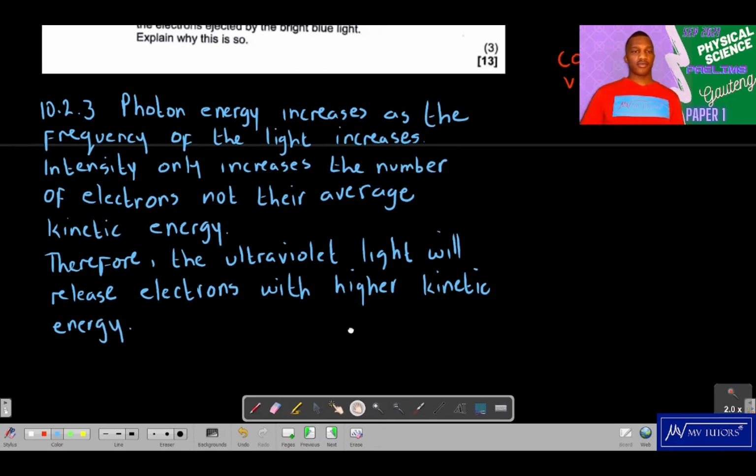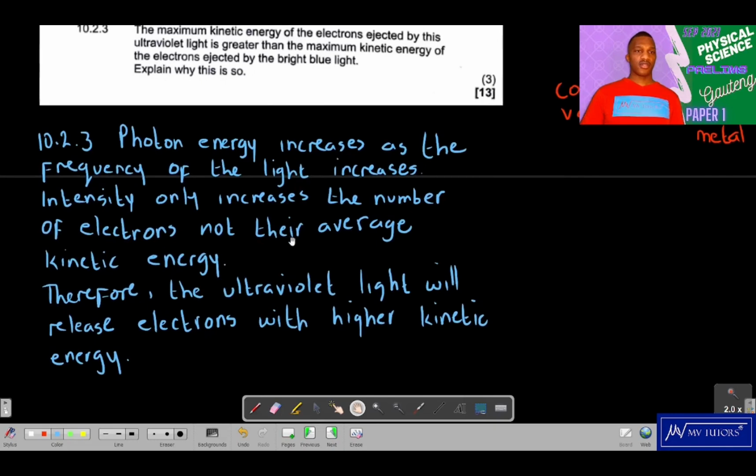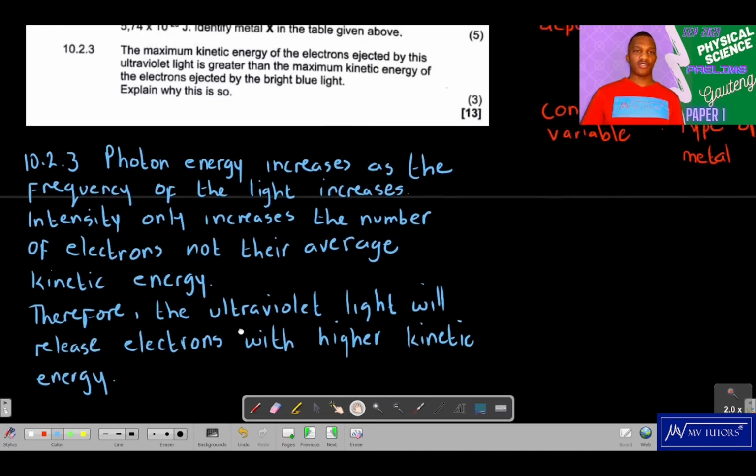That's it. Okay, so photon energy increases as the frequency of the light increases, but the intensity only increases the number of electrons, not their average kinetic energy. Intensity has nothing to do with kinetic energy. Therefore, the ultraviolet light will release electrons with higher kinetic energy.